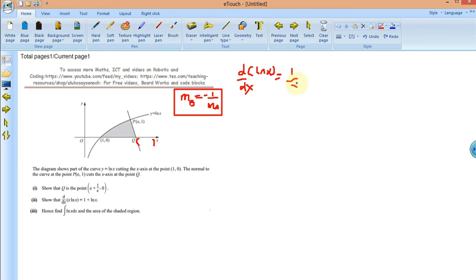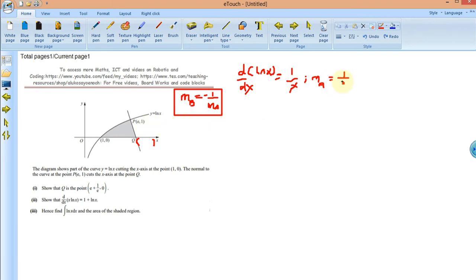So at this point, you see that the x coordinate is e and the y coordinate is 1. When x is e, we can get our gradient. Because we want a point value, MA will be 1 over e.